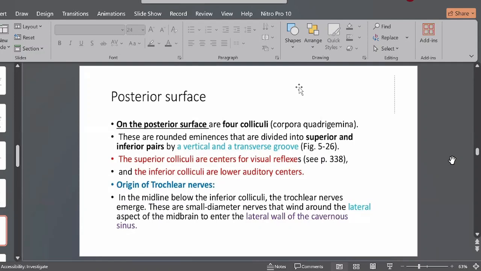On the posterior surface are four colliculi, corpora quadrigemina. These are rounded eminences that are divided into superior and inferior pairs by vertical and transverse grooves. The superior colliculi are centers associated with visual reflexes, and the inferior colliculi with the trochlear nerve.